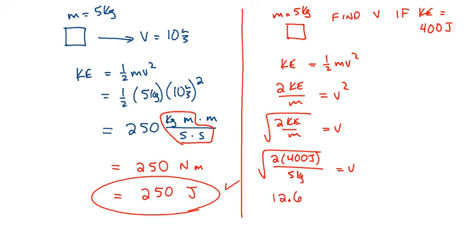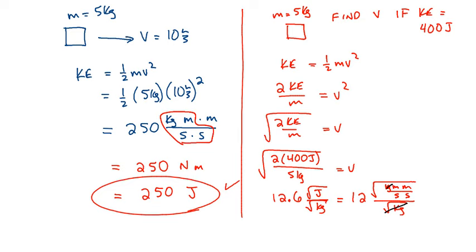Okay, let's deconstruct the units here. I've got the square root of joules on top and the square root of kilograms on the bottom. Those are kind of odd units, but let's see what happens. Remember that a joule is a kilogram meter meter over second second, and down here I've got kilograms, and you can see that the square root of kilograms is going to cancel the square root of kilograms there.